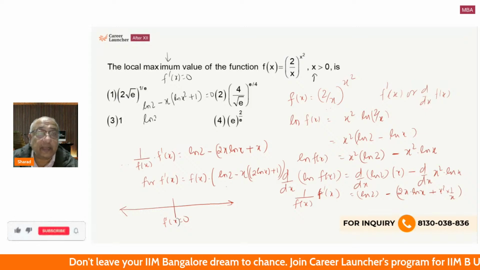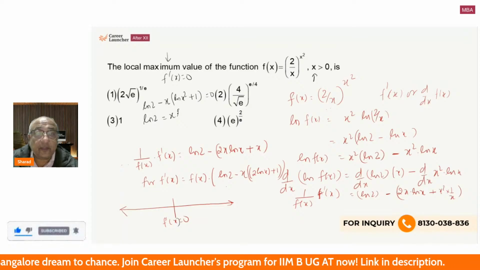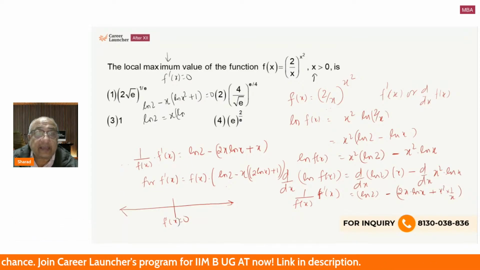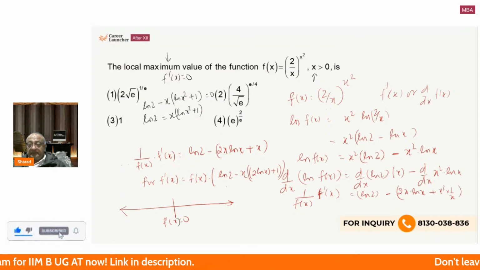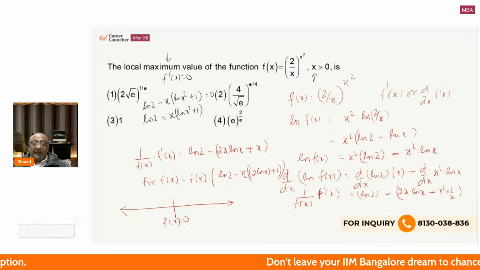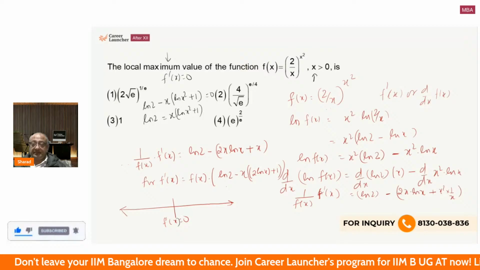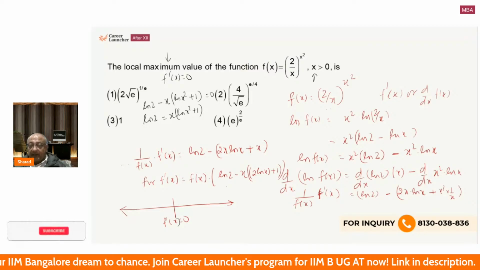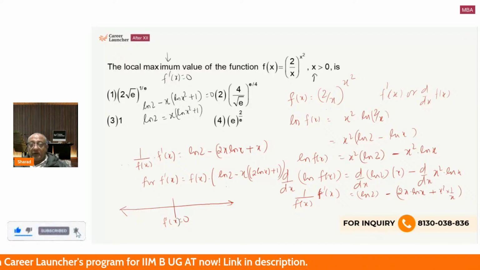So this will become ln 2 is equal to x (log x square plus 1). Understood? Clear till this point? So we are very close to finding out the value of x.